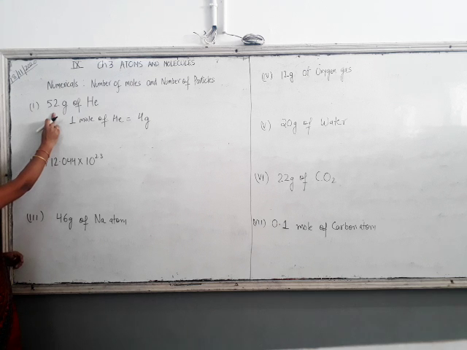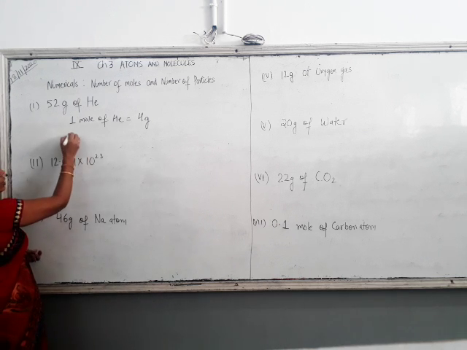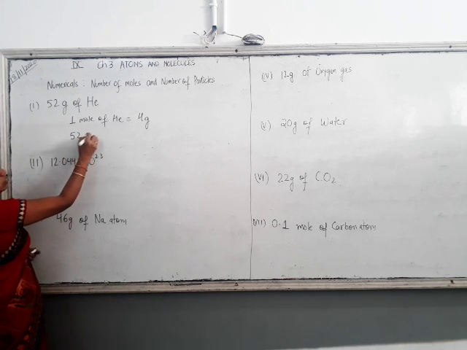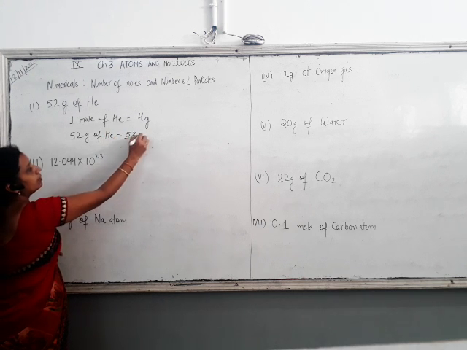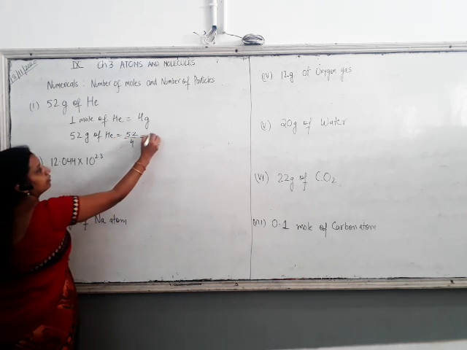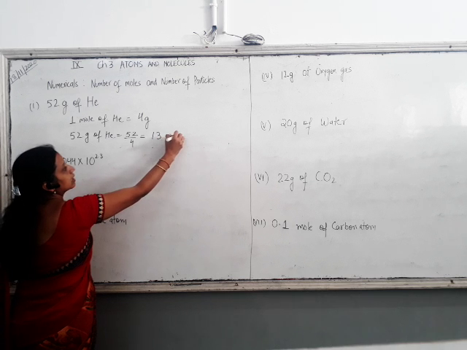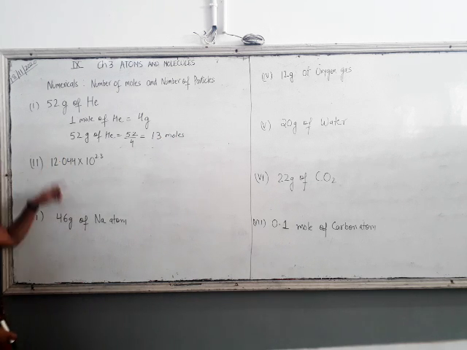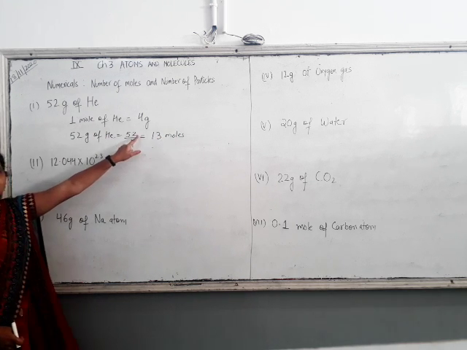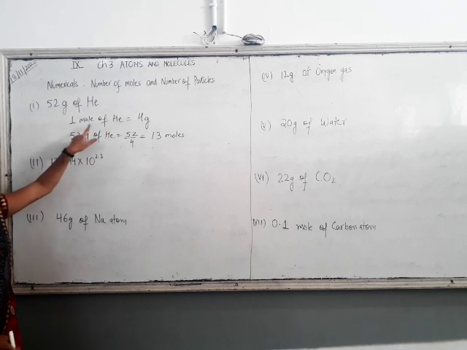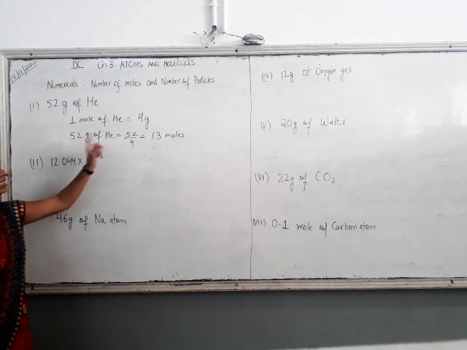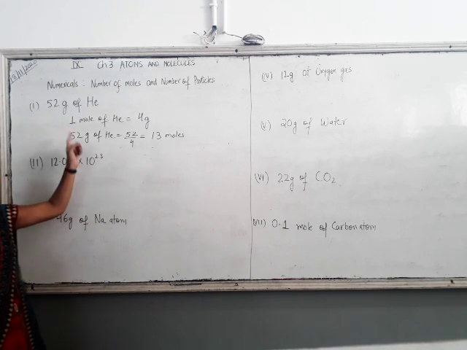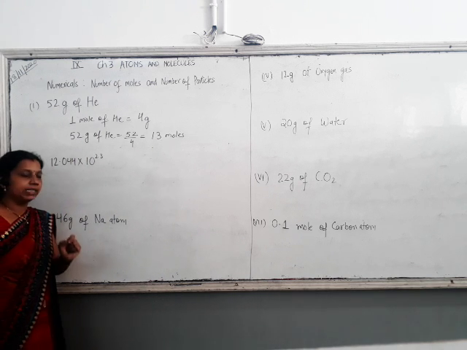That means 52 gram, how many moles will it contain? Simply, 52 gram of He means 52 divided by 4, and that will give you 13 moles. So 4 gram means 1 mole of helium, 52 gram of helium means 13 moles. So it will contain 13 moles of helium.